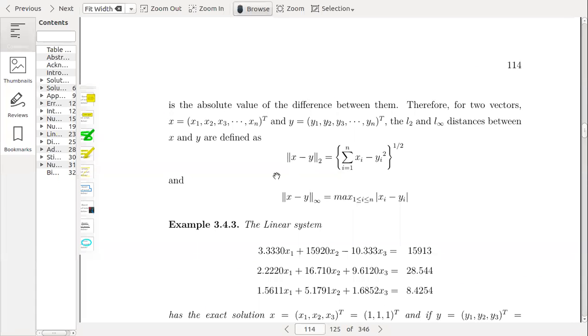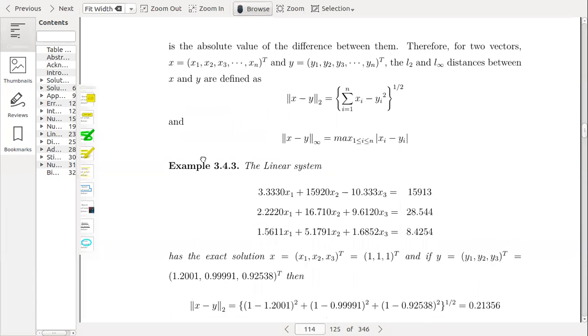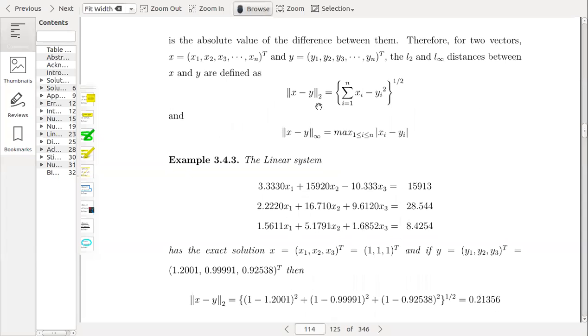Therefore, for two vectors x equal to x1, x2, and so on up to xn, and y equal to y1, y2, y3, and so on up to yn, the L2 and L-infinity distances between x and y can be defined as: the norm 2 of x minus y is equal to the summation i equal to 1 to n of xi minus yi squared, whole to the power 1 by 2.